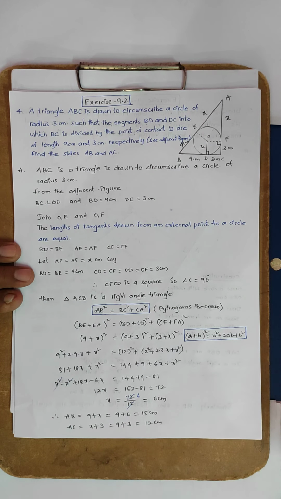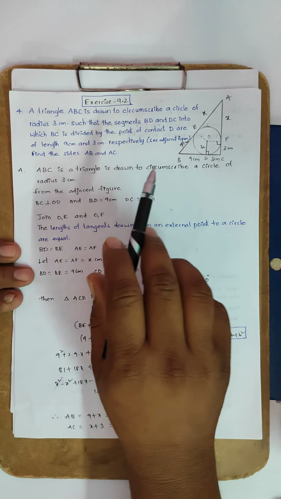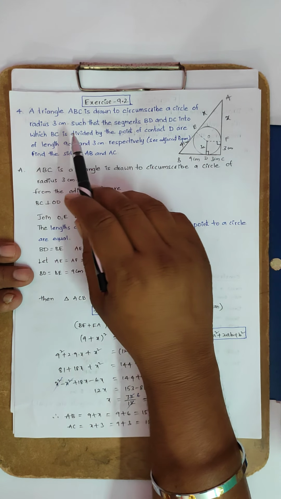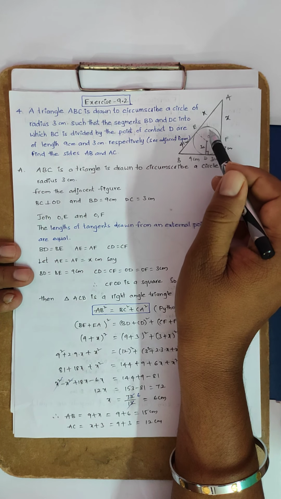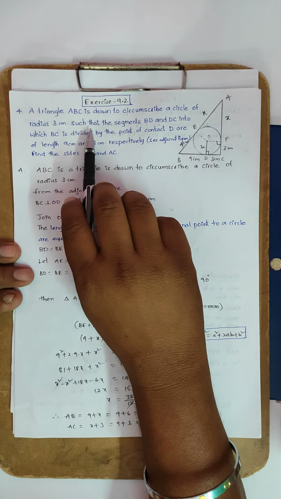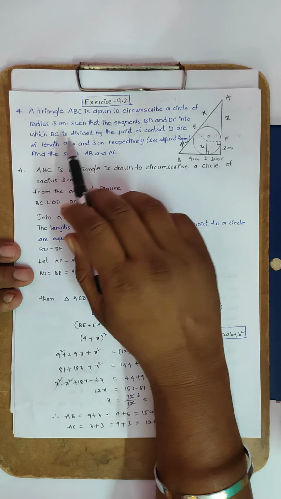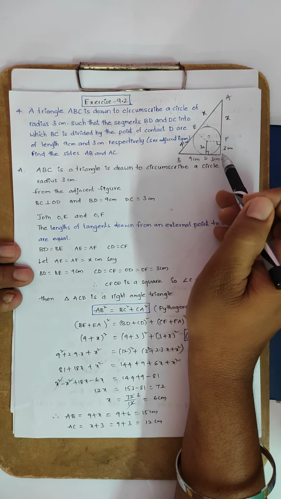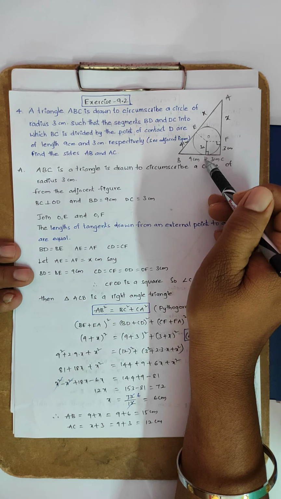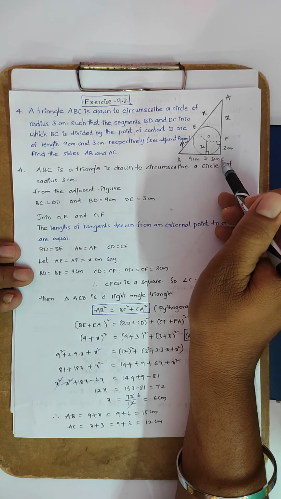Now the fourth one. A triangle ABC is drawn to circumscribe a circle of radius 3 cm, such that the segments BD and DC, into which BC is divided by the point of contact D, are of length 9 cm and 3 cm respectively.